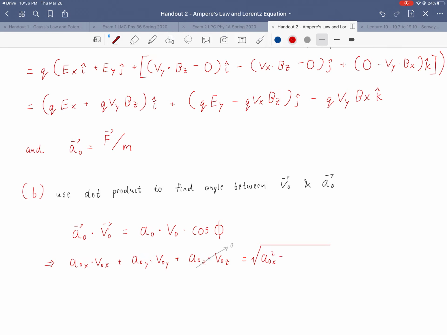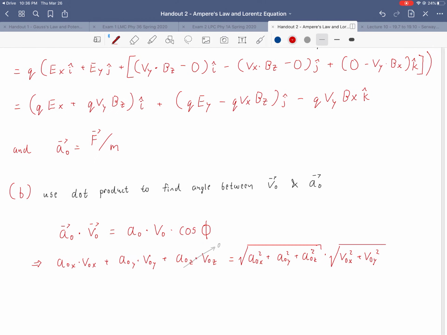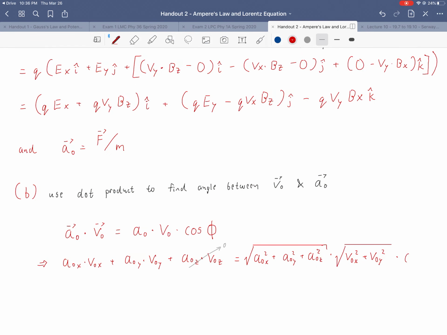So this would just be the square root of A naught X squared plus A naught Y squared plus A naught Z squared. And then multiply that by the same thing for velocity. With the velocity we can get away with just doing two components because it doesn't have a Z. So it'd be the square root of V naught X squared plus V naught Y squared. Okay, so that's what they're equal to, and then times cosine of phi.